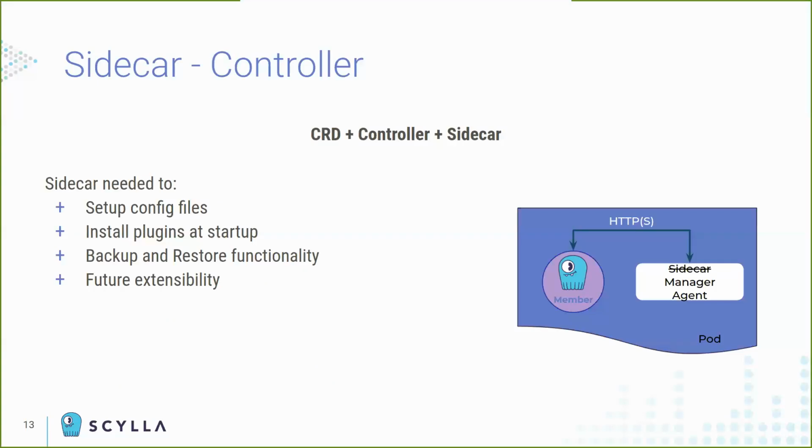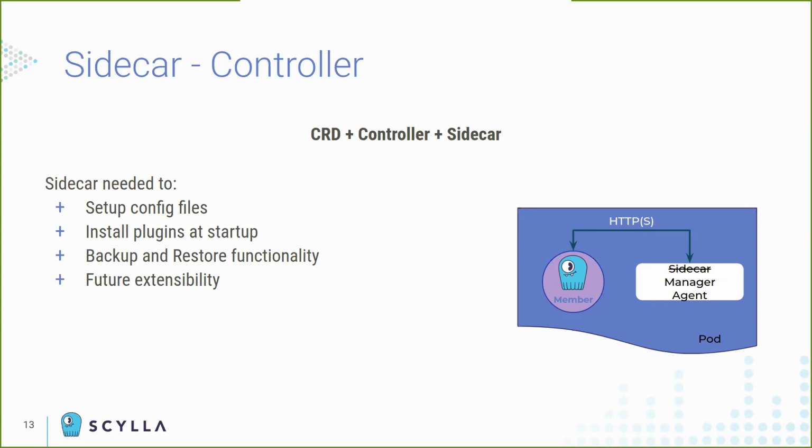So this sidecar controller, a small note about this. It does a lot of things. For example, aside from actually being the parent process of the Scylla instance, it also watches and sets up config files during startup. You can change the config in Scylla, for example, the scylla.yaml, by storing it in a config map.